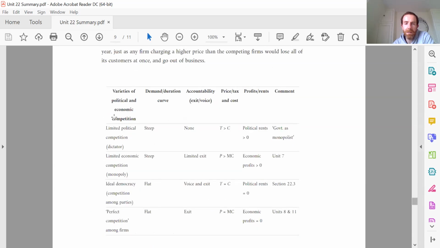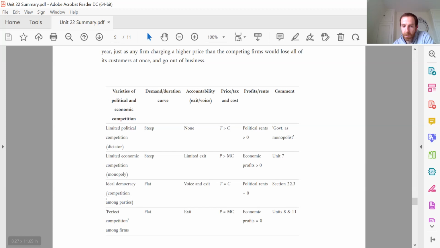We can make these links between the political model we've come up with and the economic model. A dictator is very similar to a monopolist, right? The monopolist charges a price higher than the marginal cost. The dictator collects tax revenue higher than the cost of public services. The dictator gets political rents. The monopolist gets economic profits, economic rents.